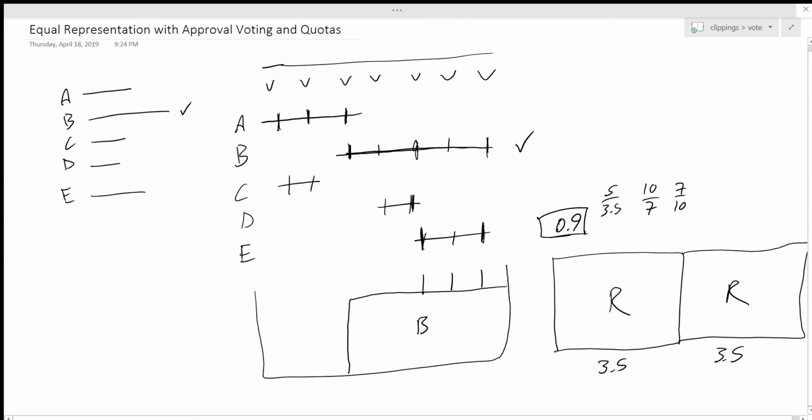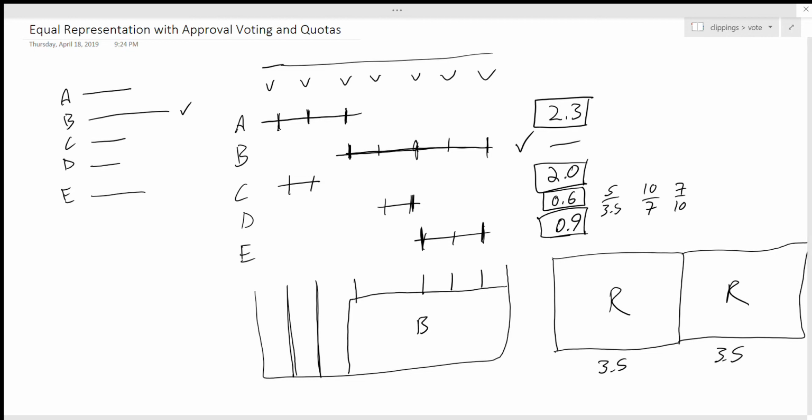So E actually isn't all that great now, but C has 2 whole units that you could give to these 2 voters. D has 0.6 you could give. B is out, and A has these 2 plus a 0.3. So that's 2.3, and you can see 2.3 is the biggest number out of these. So you go with who is able to give the most representation to those that are not represented, and that's A.